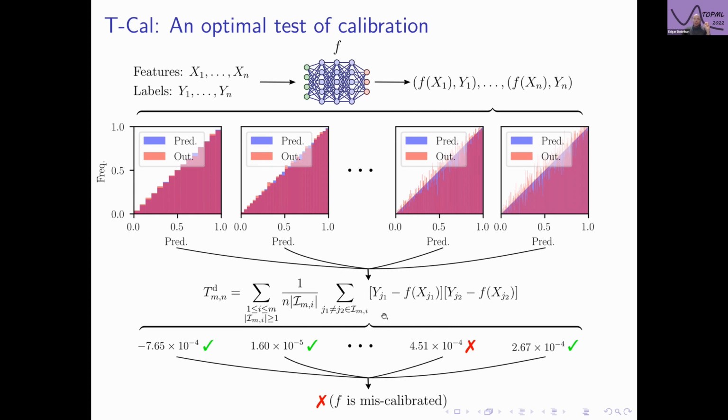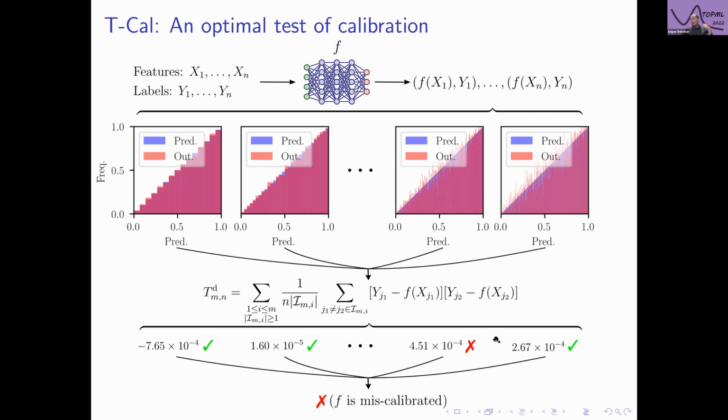It's some sort of new test statistic that's a good estimator of the true calibration error, and then we do a test at every different smoothness level. If at least one of them is rejected, here you can see that at this level the deviations are relatively larger than at this level or this level.